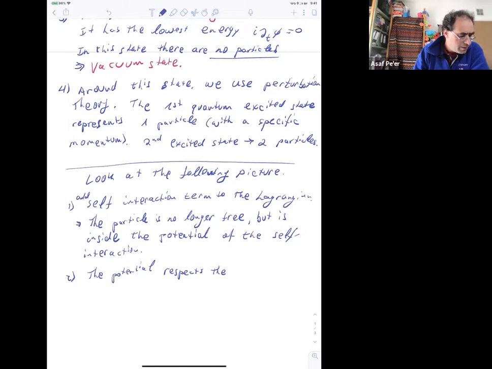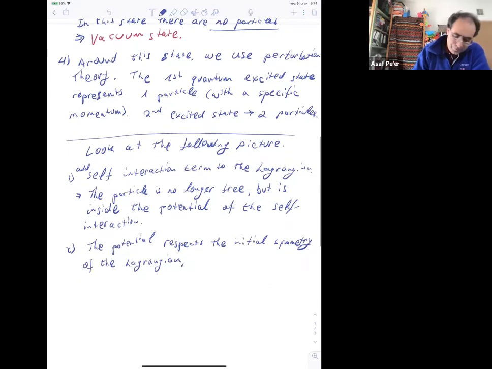It respects the initial symmetry of the Lagrangian, but its ground state will break its symmetry.